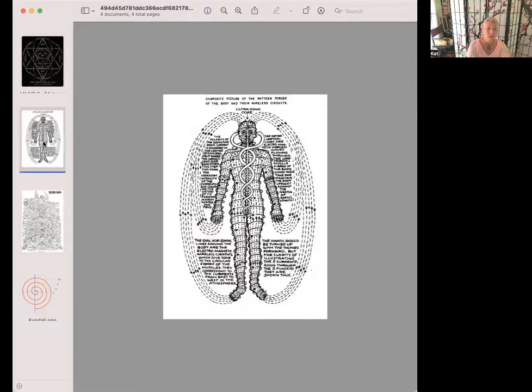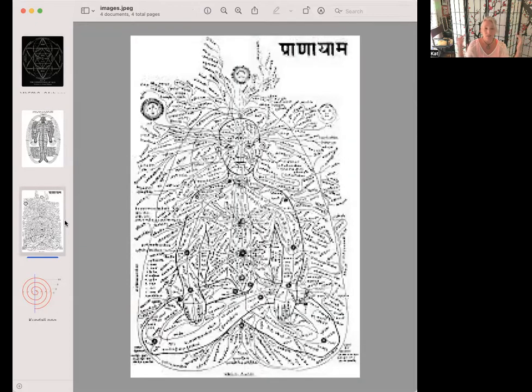And our circuitry is so vast. This is the pranic system, and these are all the nadis, and the nadis mean channels. And this is all, like I would say more than 90% of us is etheric in nature. We are just channels of light and energy creating geometric forms.